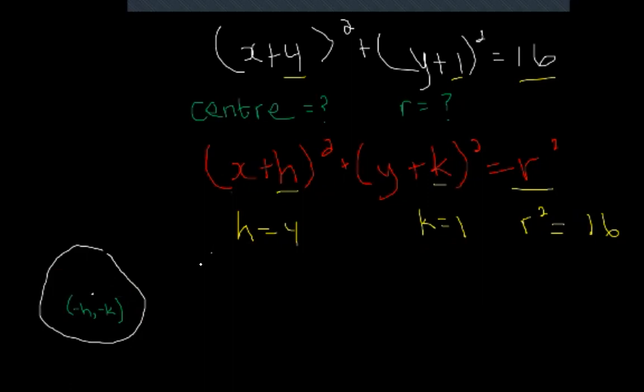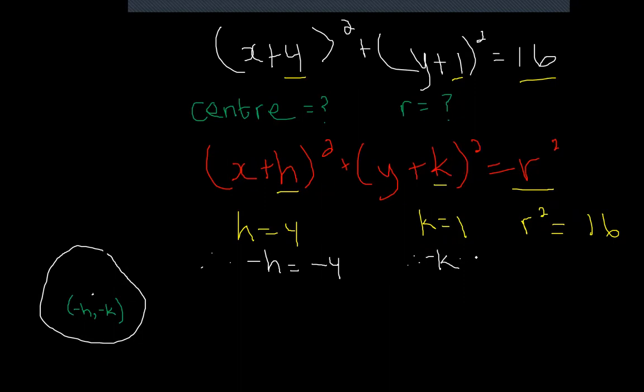So can any one of you tell me what's the value of -h then? If h is equal to 4, what's the value of -h? -4. Good job. And what's the value of -k? -1. Good job.